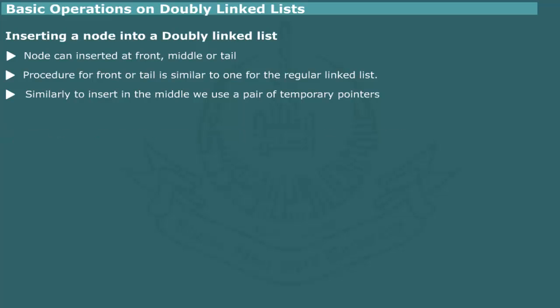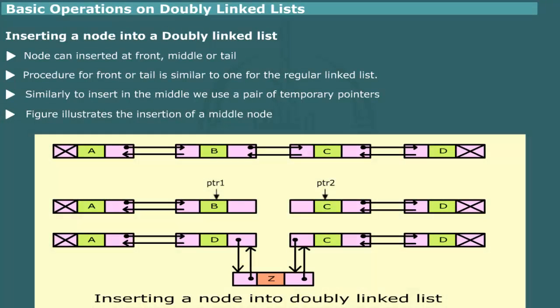After the given node and its preceding node have been identified, the link pointers of these nodes are adjusted to link them to the new node. The figure illustrates the insertion procedure on the original list, which consists of nodes containing letters A, B, C, D. A new node Z is inserted before the node containing letter C.